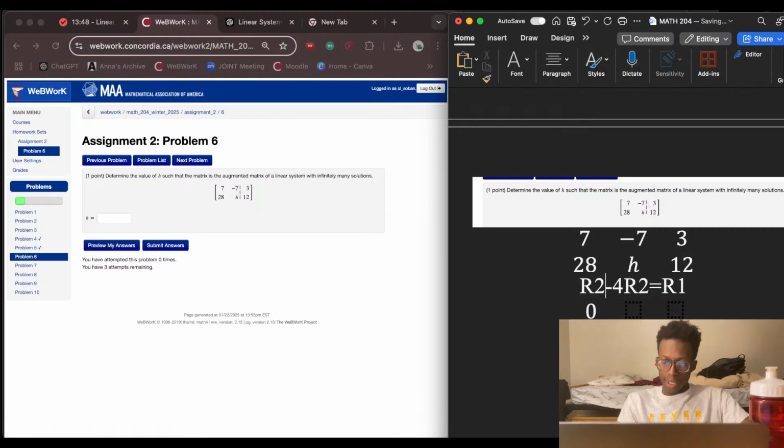No, you do the opposite. So you do row 2 plus minus 4 row 7.